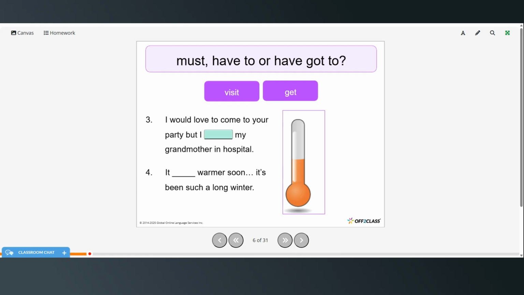I would love to come to your party, but I have to visit my grandmother in hospital. It has to get warmer soon. It's been such a long winter.